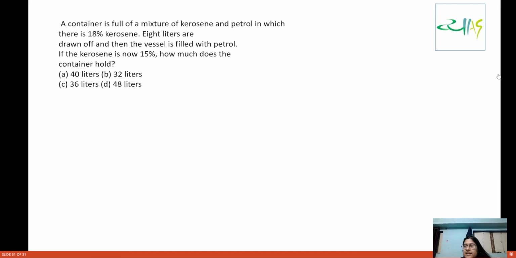See, what I did here is, please try to understand in this question. A container is full of a mixture of kerosene and petrol with 18% kerosene, then 8 liters are drawn off and the vessel is filled with petrol. If the kerosene is now 15%, how much does the container hold?